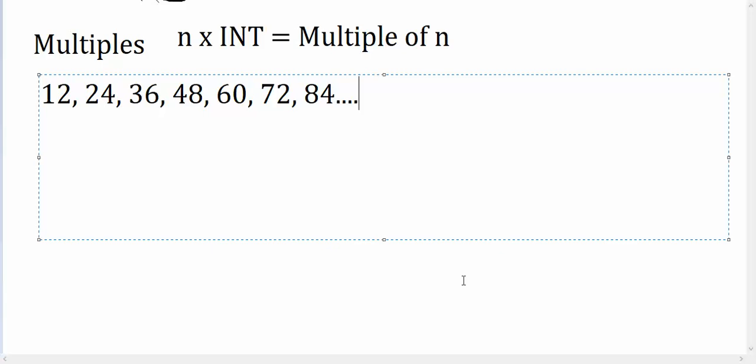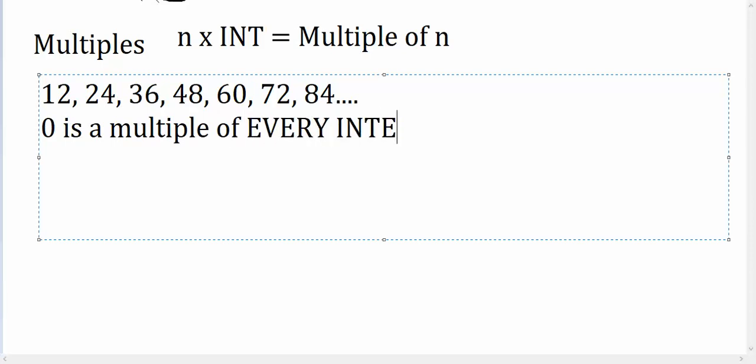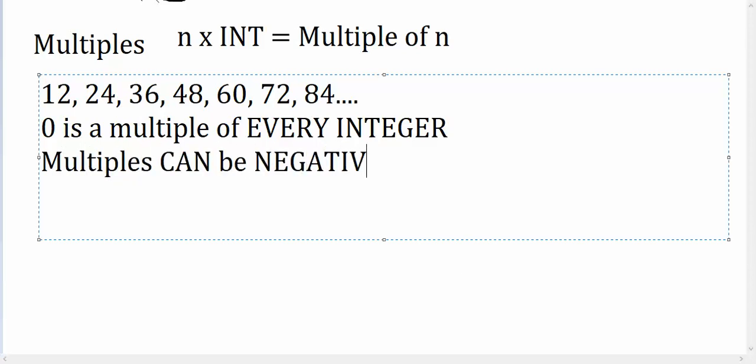Now, technically, according to the definition, 0 is a multiple of every integer. And, of course, multiples can be negative.